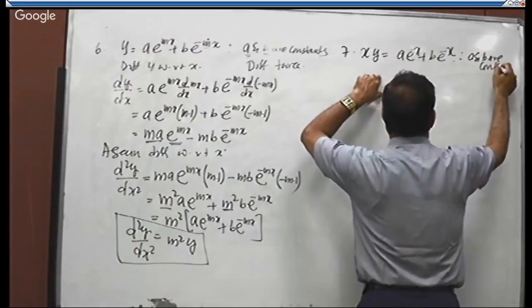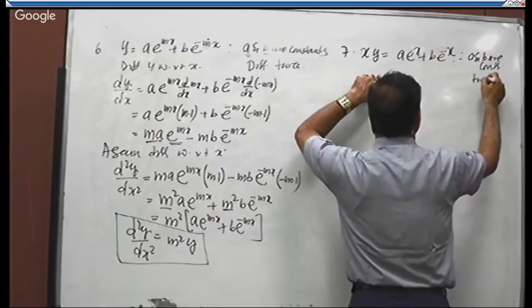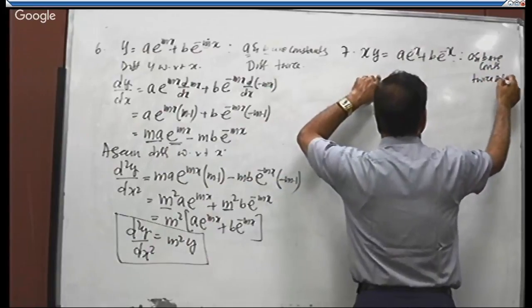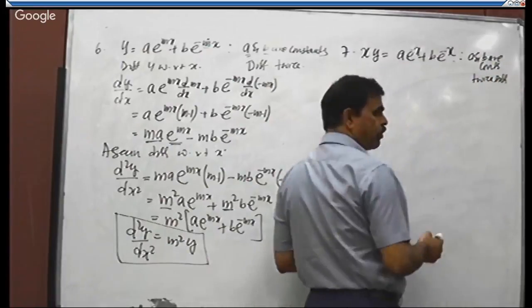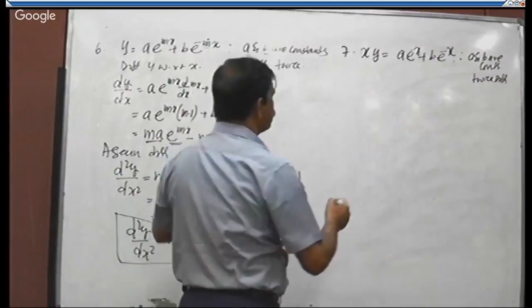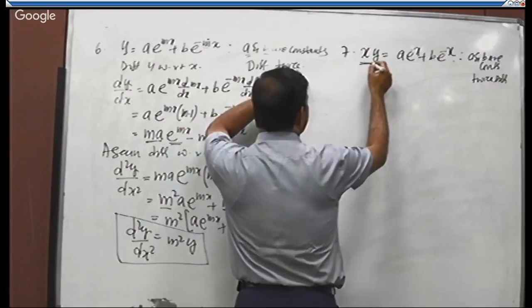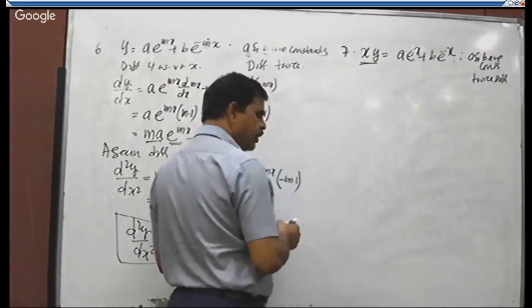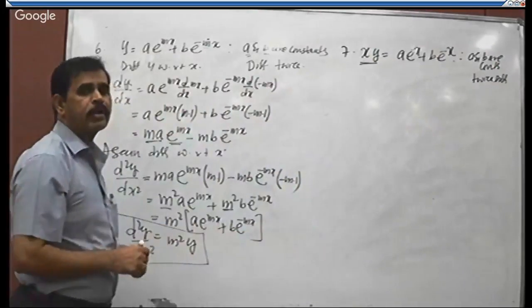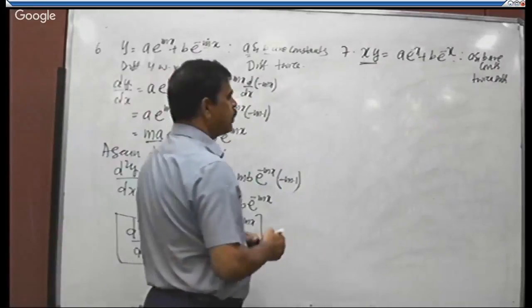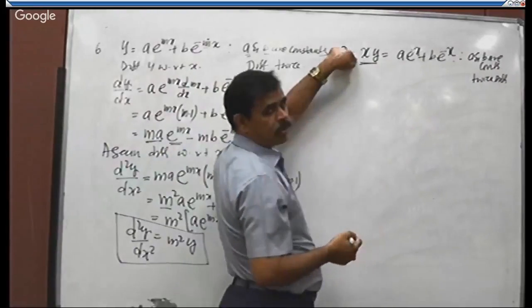There are two constants. Then we have to differentiate twice. On differentiating, how do we differentiate the left hand side? The left hand side is x into y, a product of two variables, so we should go for the product rule.